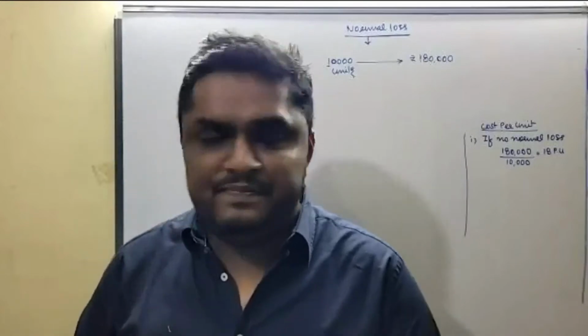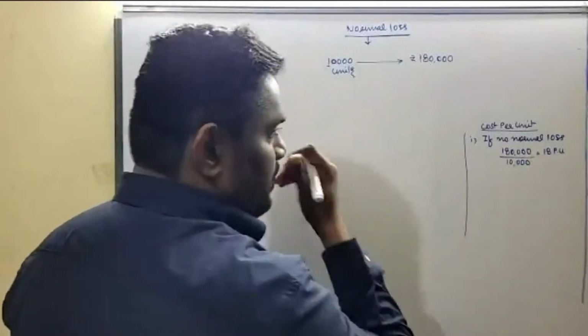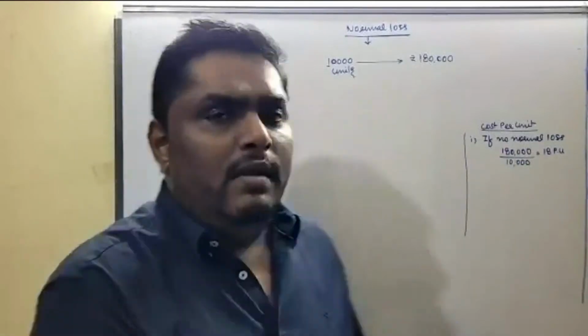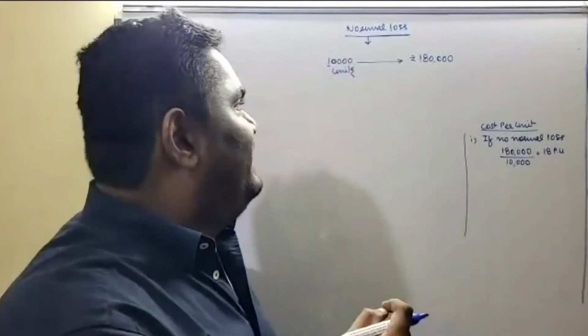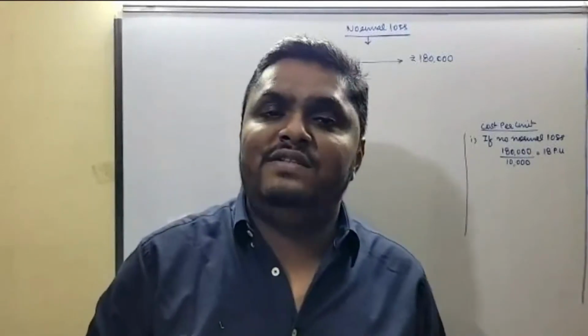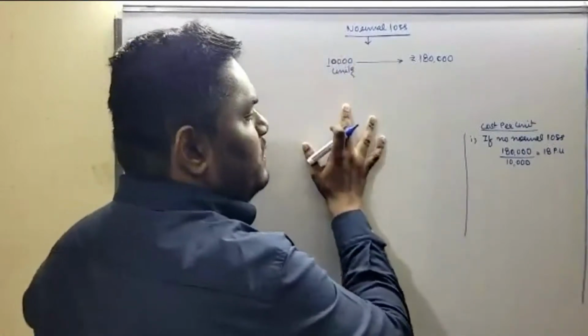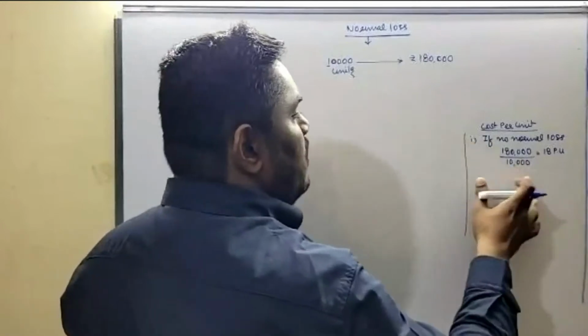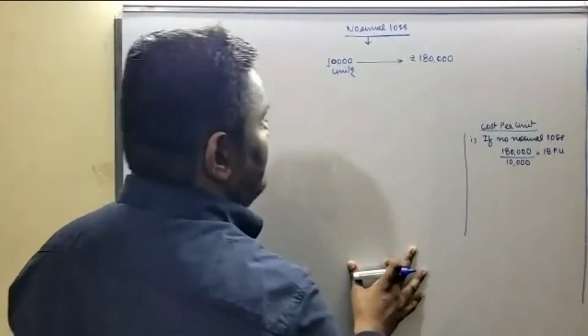I repeat again, guys, my total cost of the process is 1,80,000, and I have made an input of 10,000 units, and my output is also 10,000 units. So my cost per unit of the output will be rupees 18 per unit.